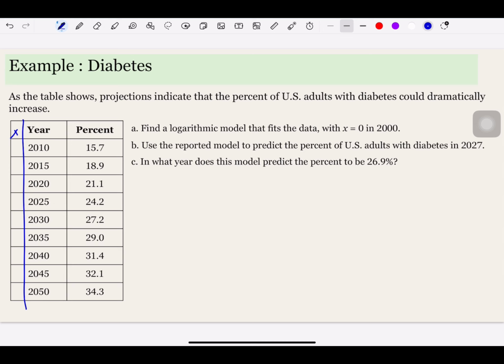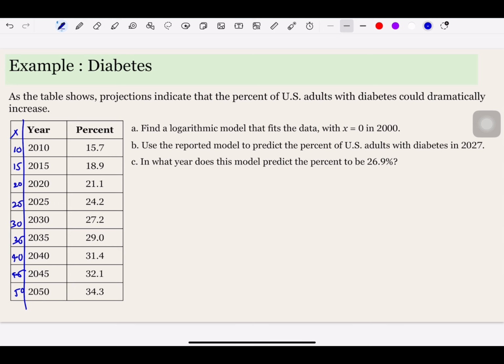Your input is going to be 0 because you take 0 for 2000. This is 2010, which means your x value over here is 10. And then for 2015, it's 15. This is going to be 20, 25, 30, 35, 40, 45, and 50. So you have to enter this data into your calculator.